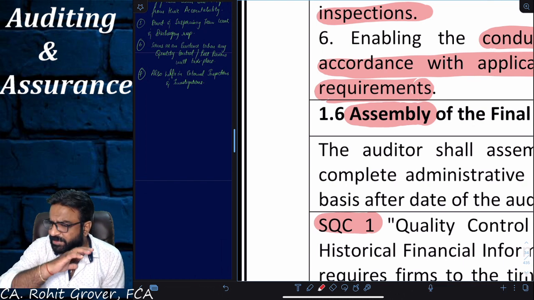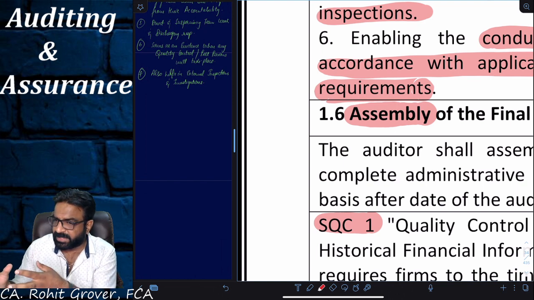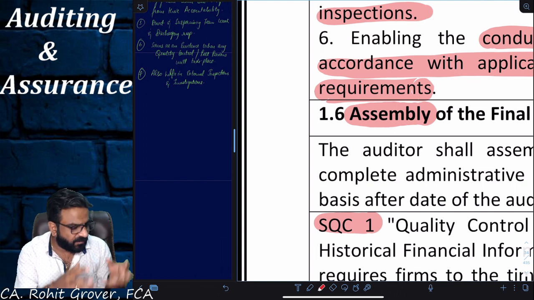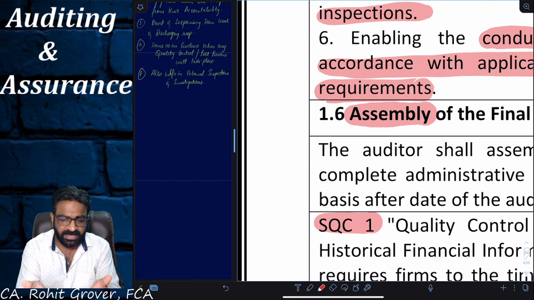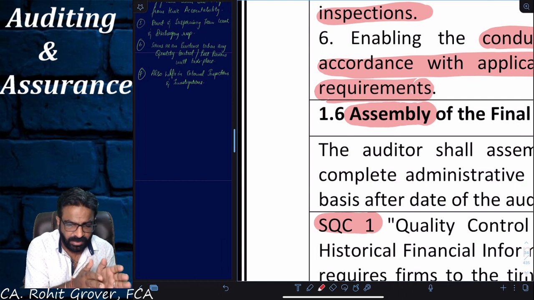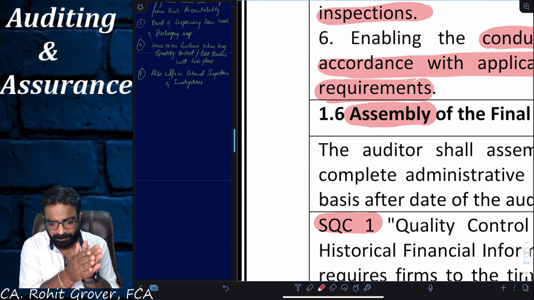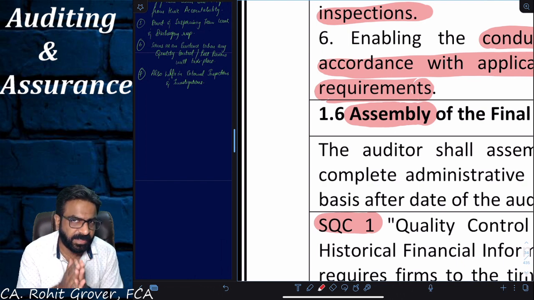Suppose I did multiple audits. The week was completely hectic. Now, some documents I collected from client A, some from B, from C, some from D. Now, multiple types of evidence are lying in front of my desk. If I do not do the proper segregation, bifurcation or assembling of my audit evidence, tell me one thing, whether I will be confused or not about which evidence belongs to whom?